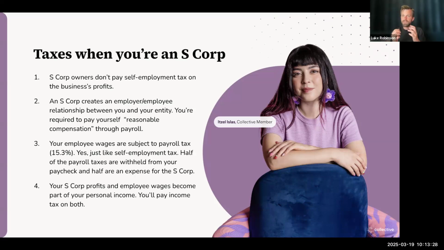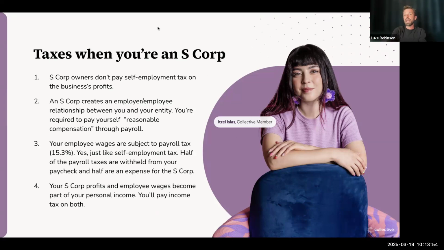What you're doing is you're creating an employee-employer relationship between you and your own business. You become an employee of your own LLC when you go this route. And since you're an employee, your business will pay you a salary. It'll pay you a W-2 wage, just like you'd make if you worked for someone else as a W-2 employee.